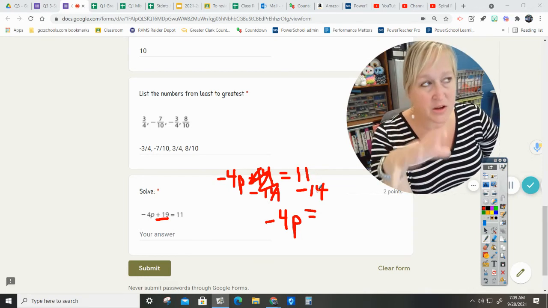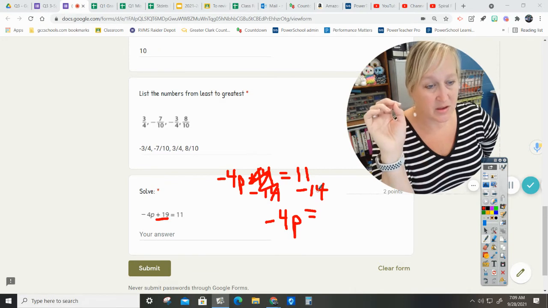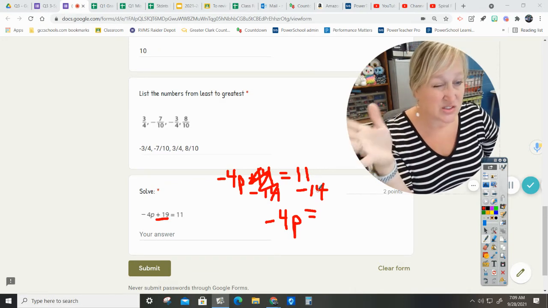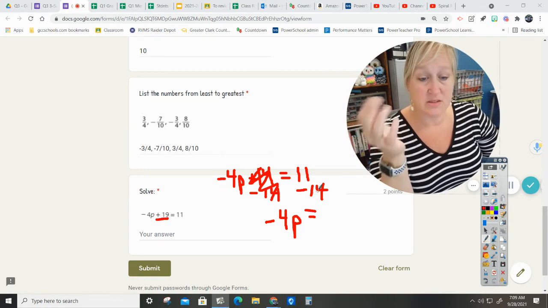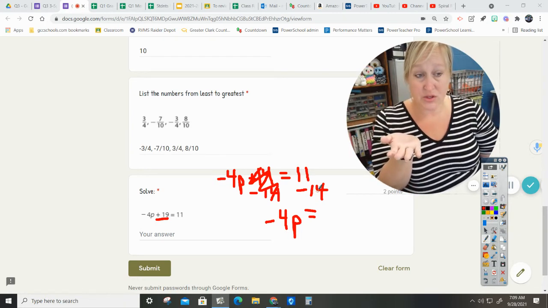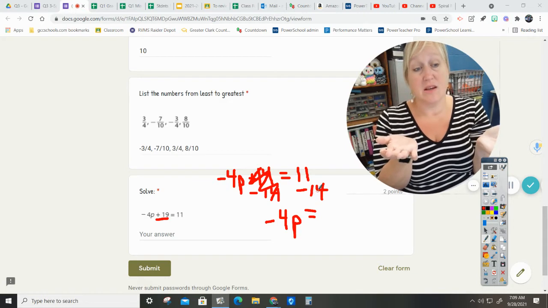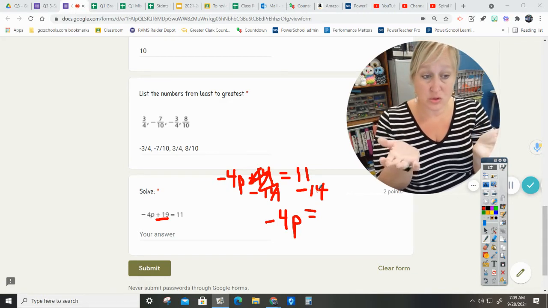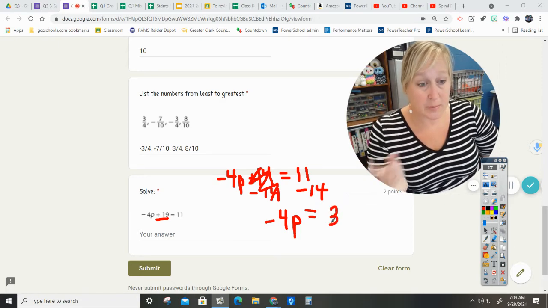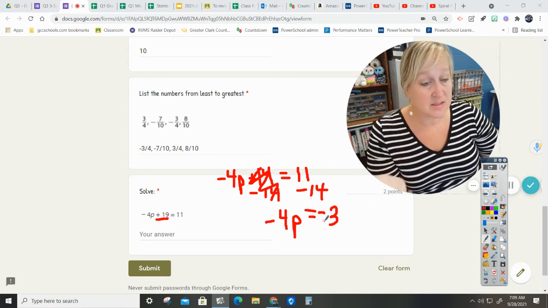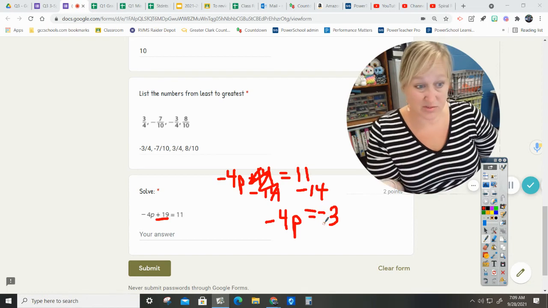If we have not covered this and used some of my tricks, let's just think about it like a kid wanting money from your parents. You have $11. You need 14. How many dollars are you short? So I'm $3 short. And because I'm short, that means it's negative. I don't have enough.